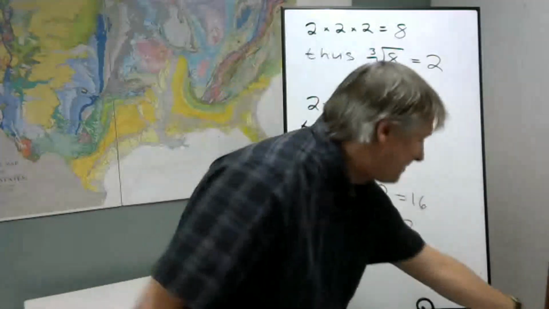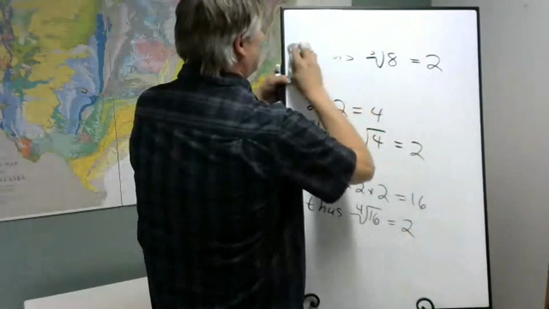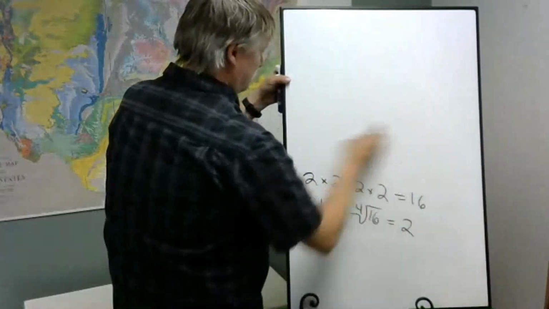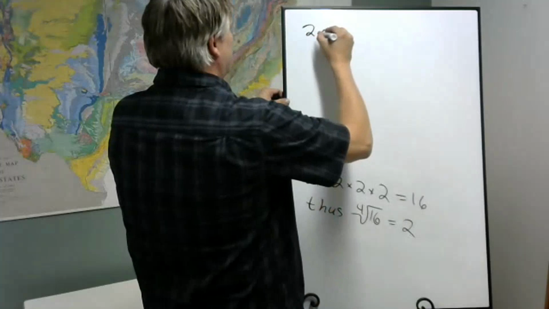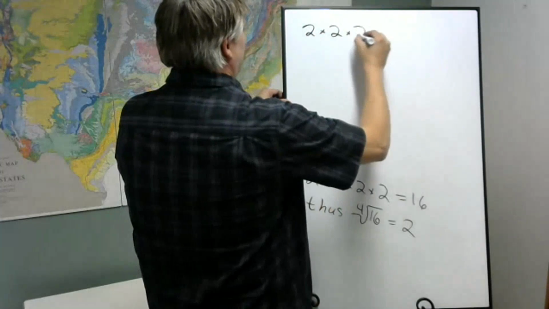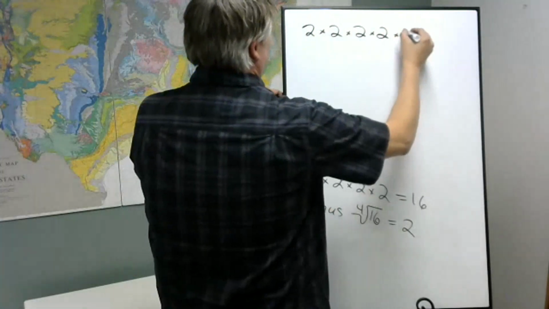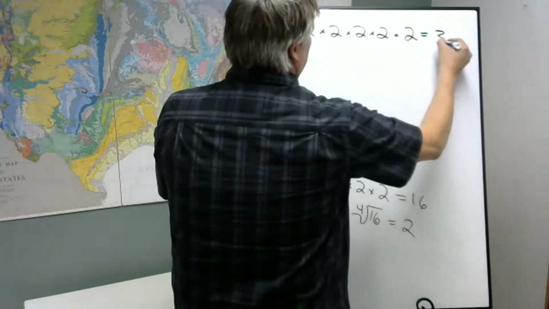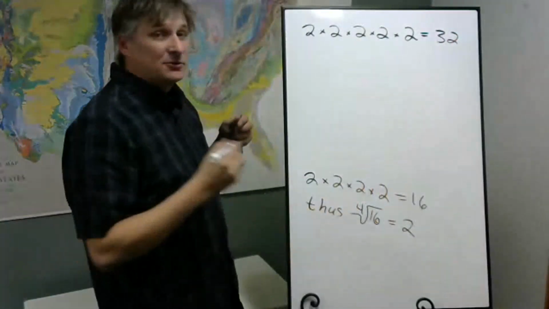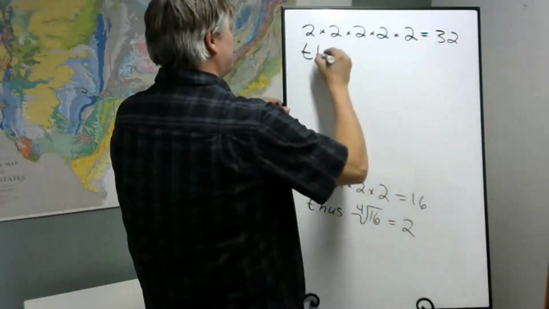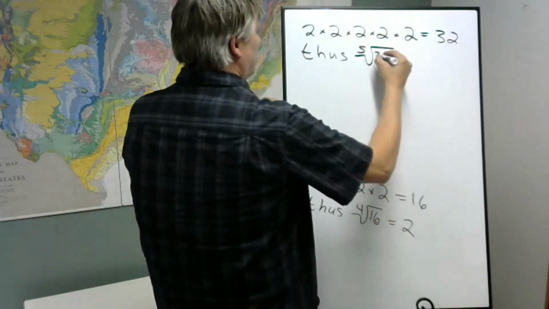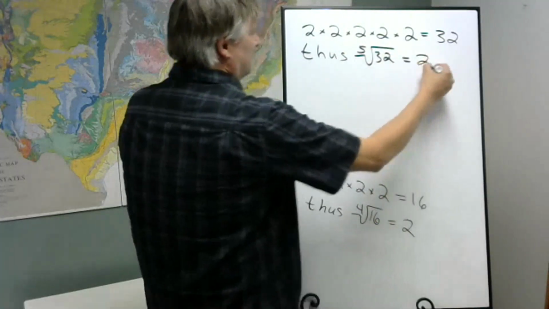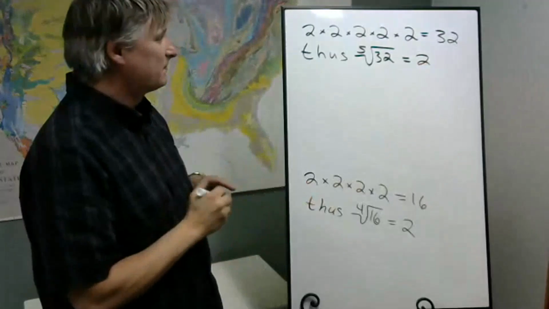Do another one. 5 2's. Well, that gives you 32. So that means the 5th root of 32 is equal to 2.